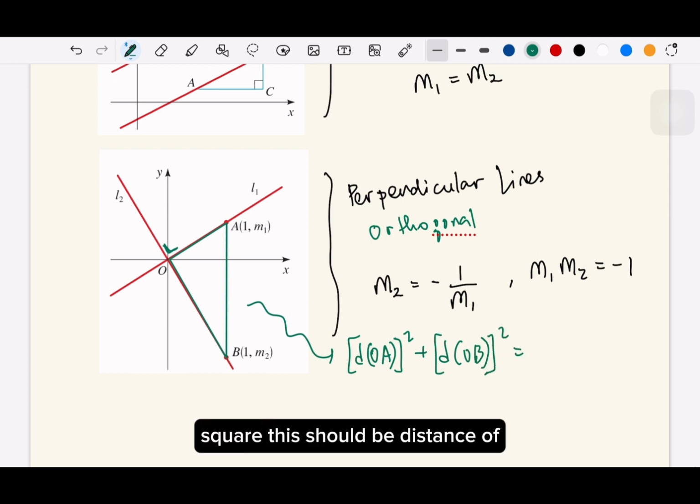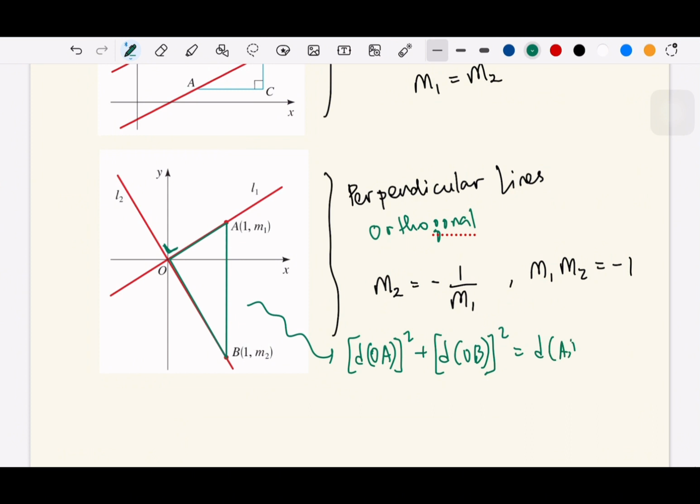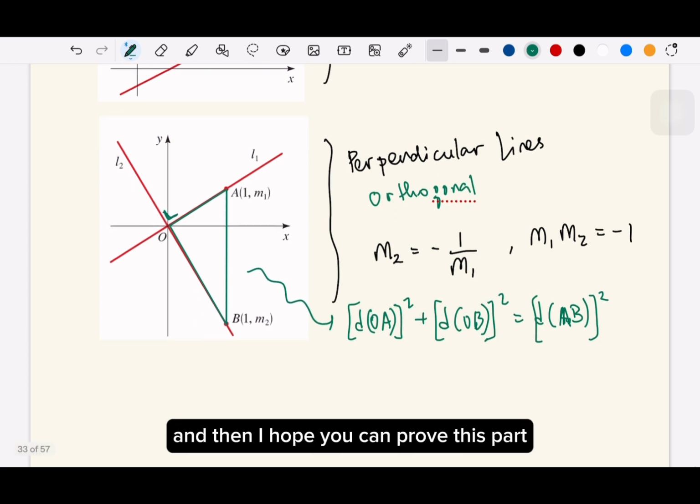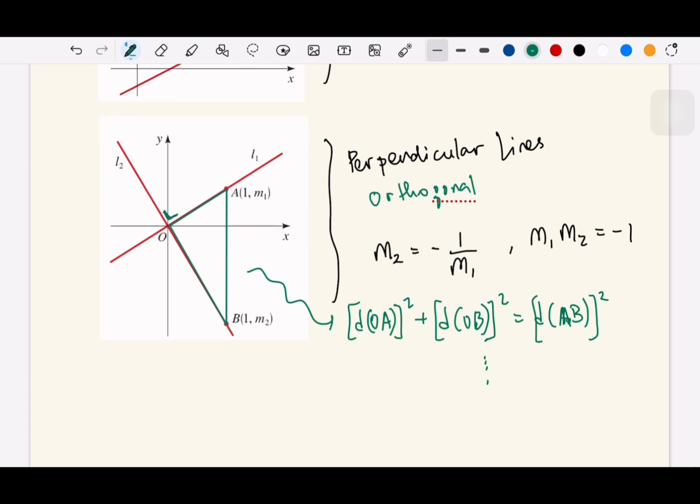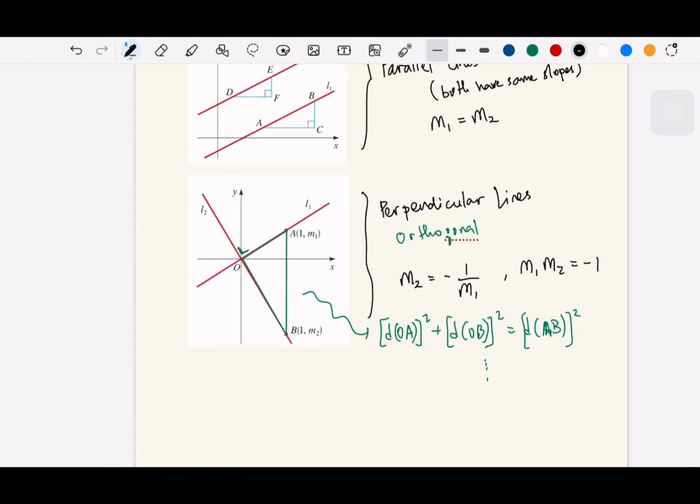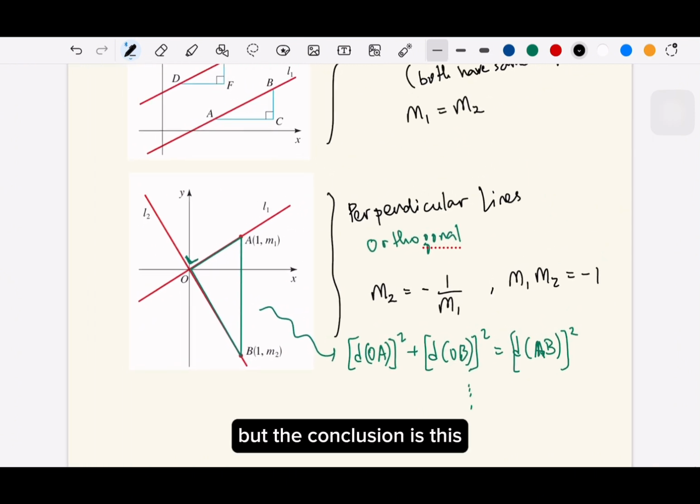This should be the distance of AB squared. And then I hope you can prove this part, okay? But the conclusion is this.